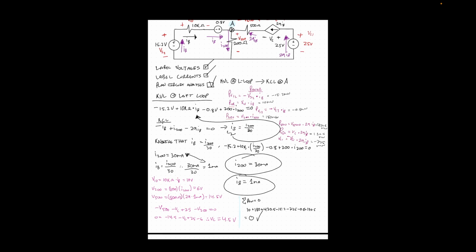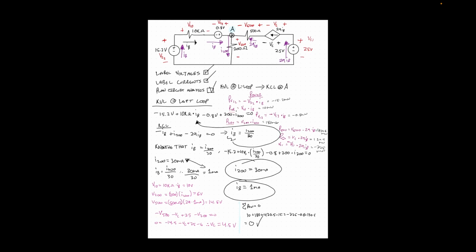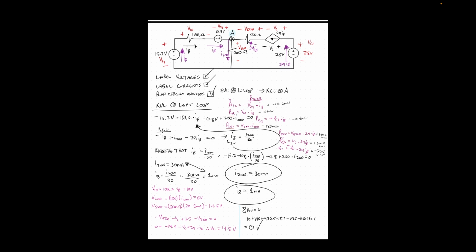Now, as a challenge for you guys, I want you to reverse all the polarities that I did and see if you come up with the same solutions. The same circuit analysis techniques apply, the same method that I chose to use still applies. It's just that you are obeying passive sign convention in a different way, and you just have to keep track of it. It's tedious, but as long as you keep your numbers in check, you will get the right answer.